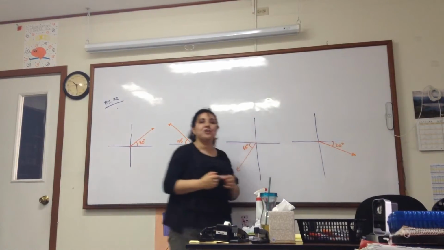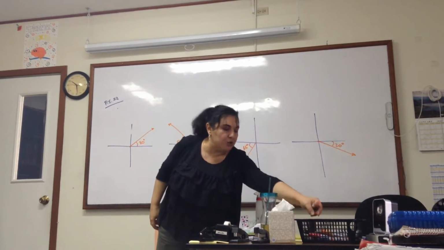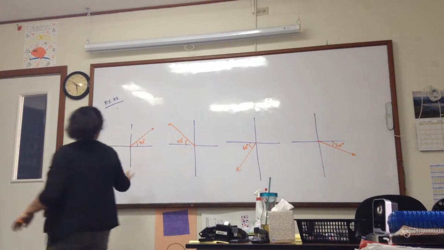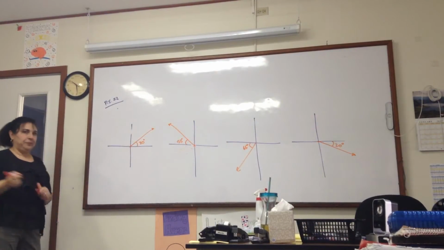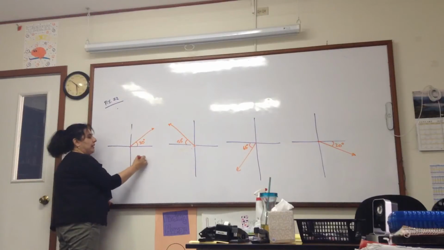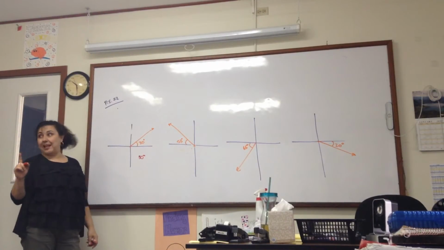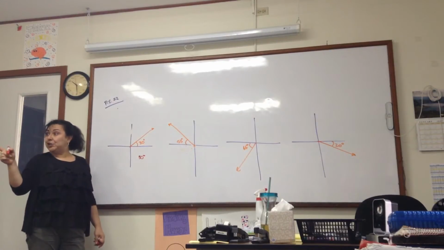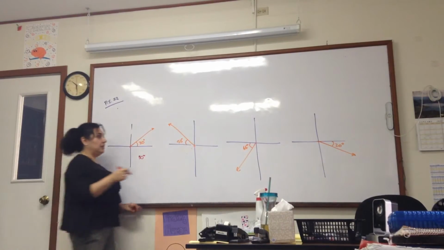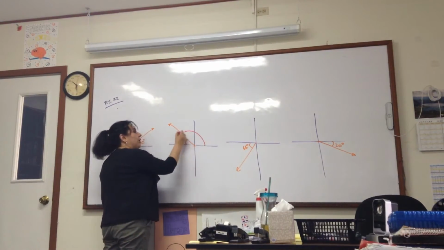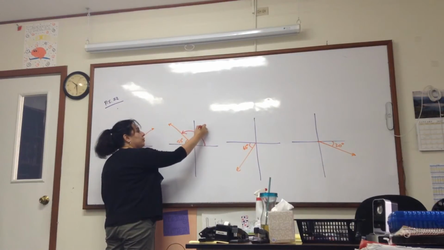If I were to ask you, how much do these angles measure? What would you say for this one? 0 plus 30, so this would be 30 degrees, right? This one? 127. Very good. How did you get 127? 180 minus 53, because the angle that we're finding is this one, right? So it's 127. Excellent.